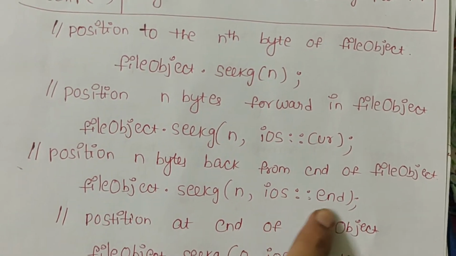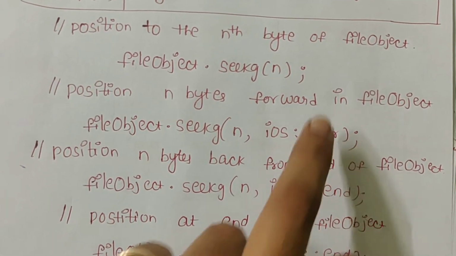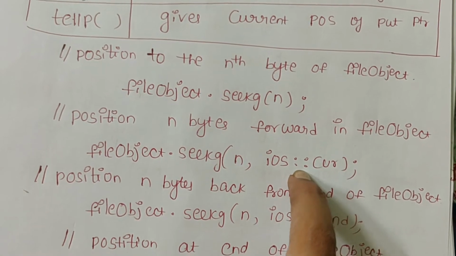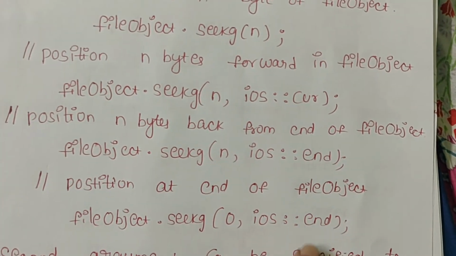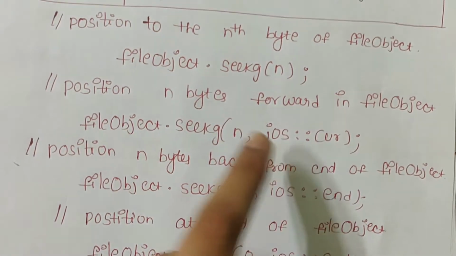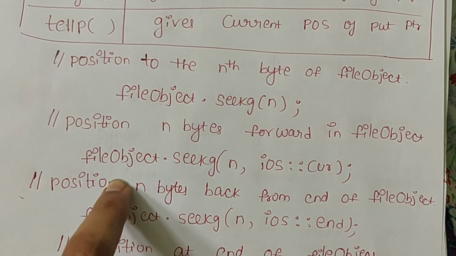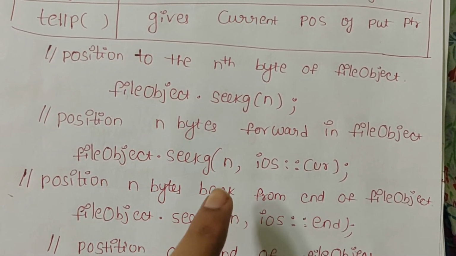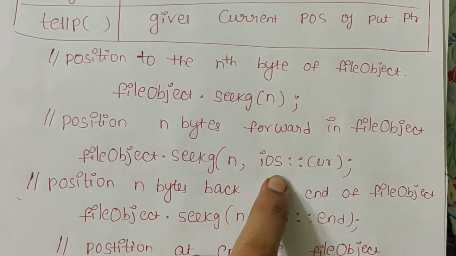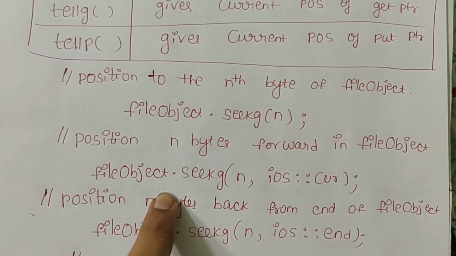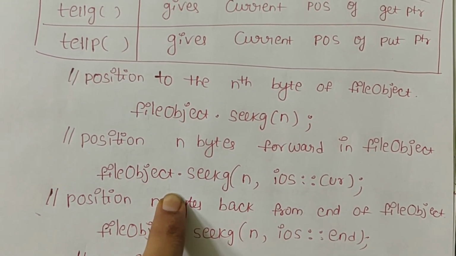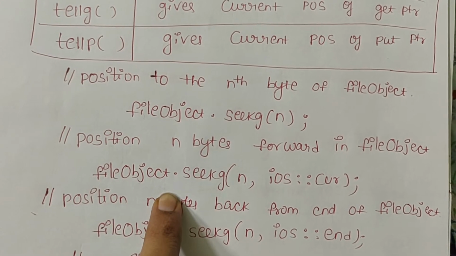So file object dot seekg n comma ios current means position n bytes forward in the file object.